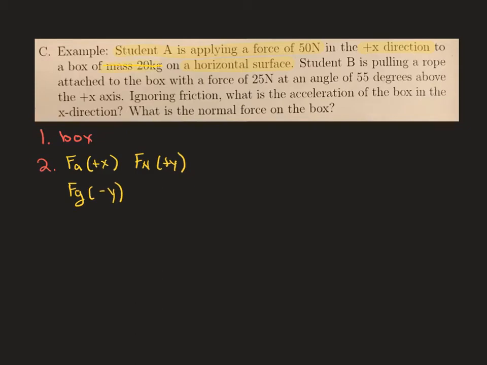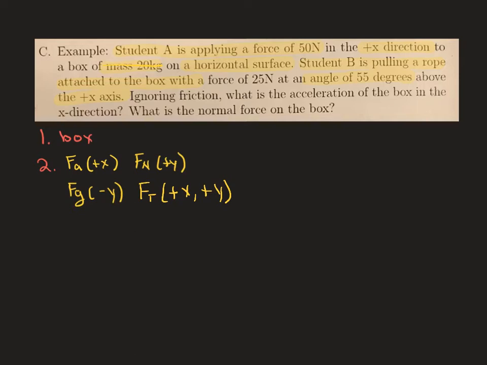Additionally, we have student B pulling on a rope attached to the box. And so therefore there's a force due to tension, and it's at an angle above the positive x-axis. So that tells me that we're looking at a force of tension that is positive x, positive y. We're told to ignore friction, and so I think that's it.